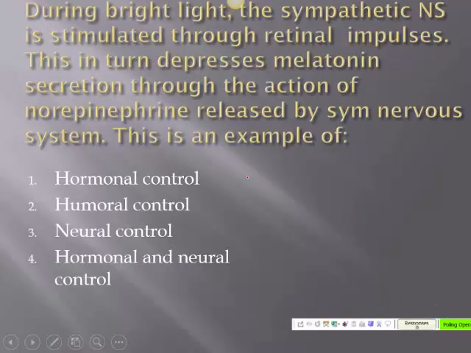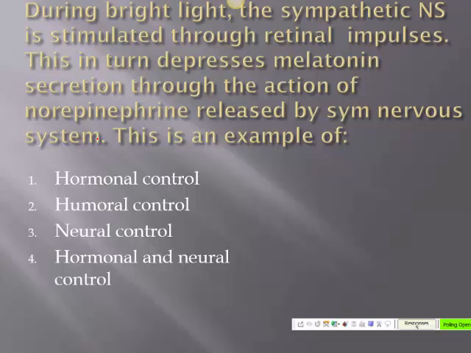Now read this one carefully. First I'm telling you that during bright light, the sympathetic nervous system is stimulated through retinal impulses. This in turn depresses melatonin secretion through the action of norepinephrine released by the sympathetic nervous system. So what would this be an example of?